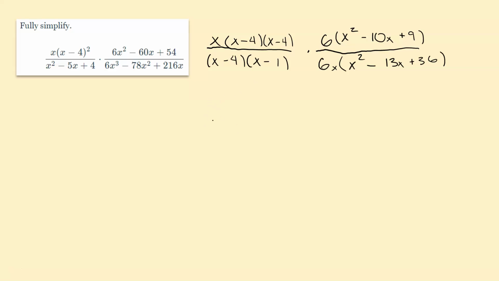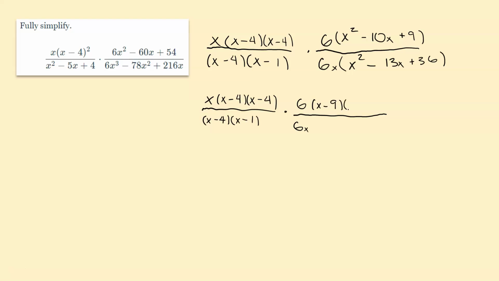So I'm going to go ahead and rewrite all of this, and then we will go over factoring these two. So this one will have to be x minus 9 times x minus 1. And then this one would have to be x minus 9 and then x minus 4.